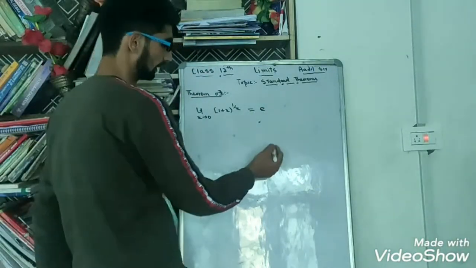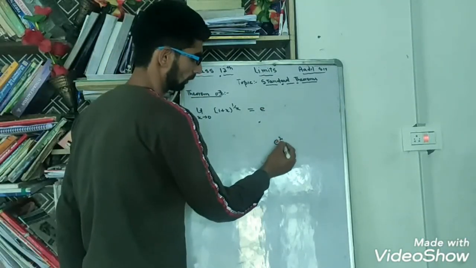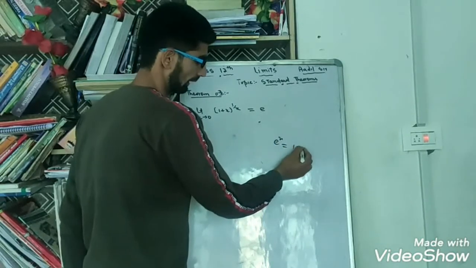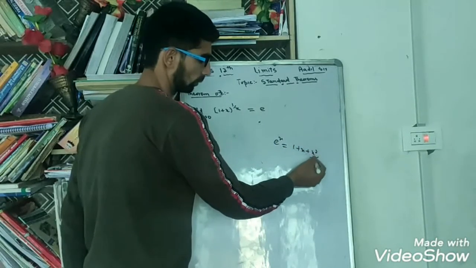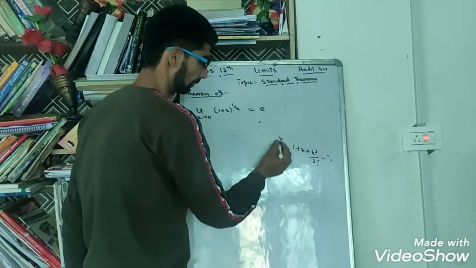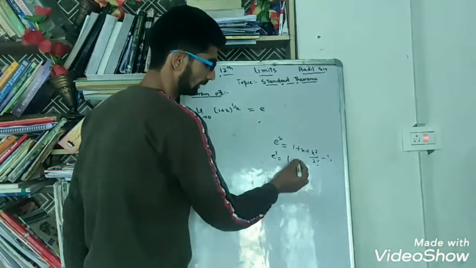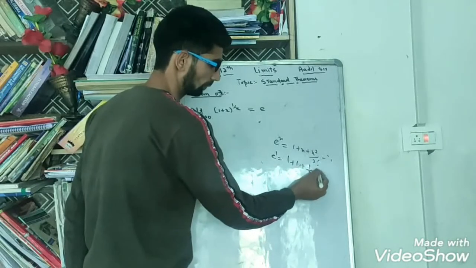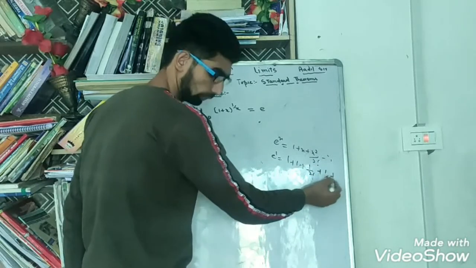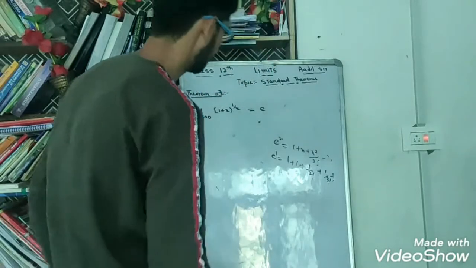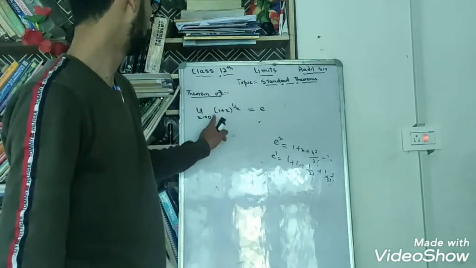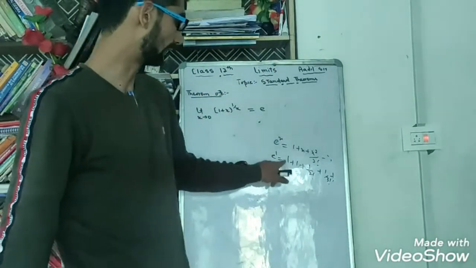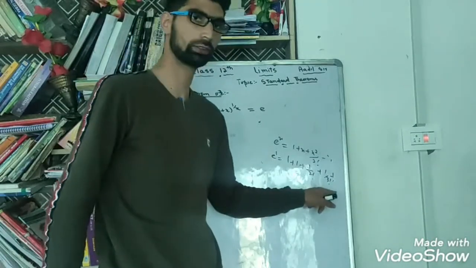We know that the expansion of e raised to power x is equal to 1 plus x plus x square divided by 2 factorial and so on. So e power 1 will be 1 plus 1 plus 1 divided by 2 factorial plus 1 divided by 3 factorial plus so on. This is our expansion of e. So we have to show that the limit of this function is equal to either this e raised to power 1 or this expansion.